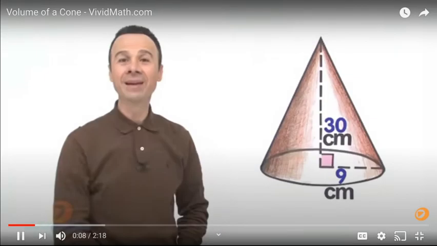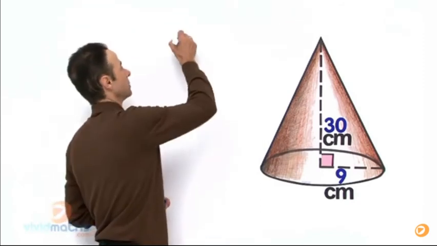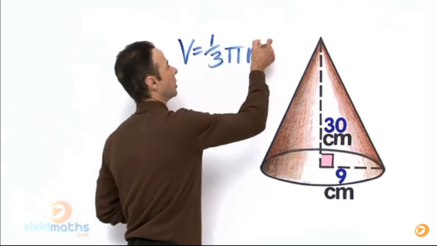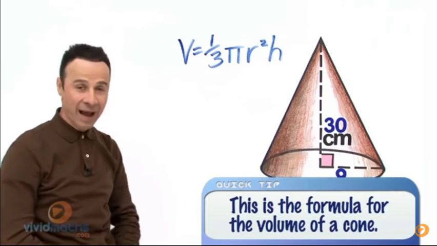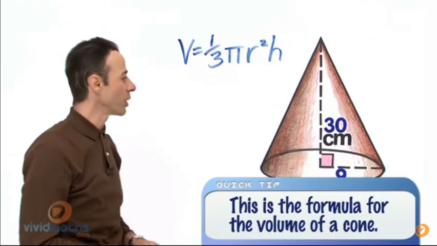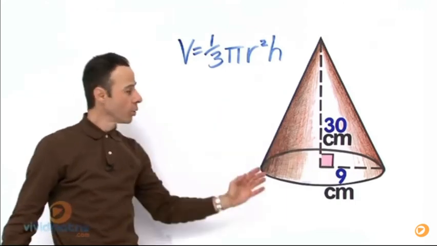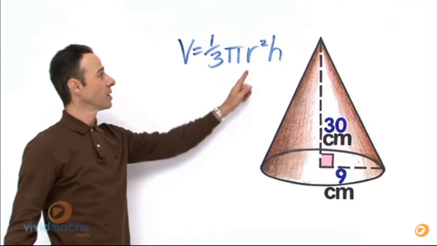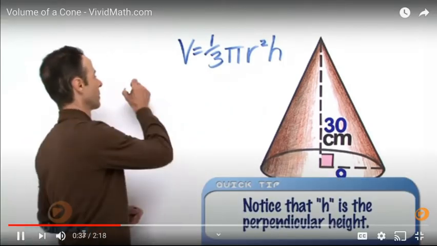Let's begin and perform step number 1. There we go, 1/3 pi r squared h. Let's take a look at what we got. Well, we got the height here, 30 centimeters, and that goes right there. We have the radius right there from the center to the edge is 9 centimeters, that goes right in there. Let's drag and drop them into the formula.